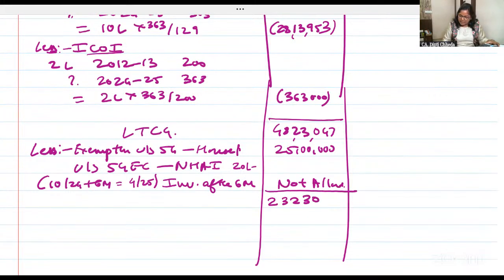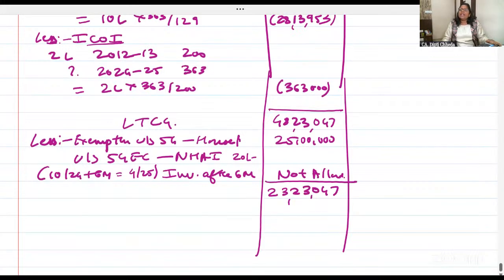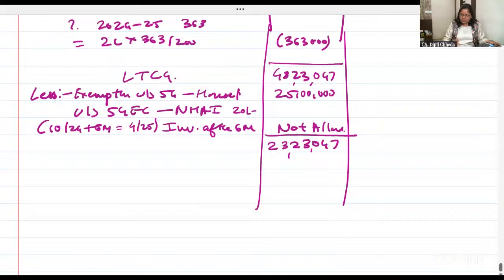If the figure is different, just change it. I'm repeating, you've sold the house, purchased another house, and you've put the money in bonds, but after 6 months, so not allowed. Yes? So now this is the long-term capital gain.